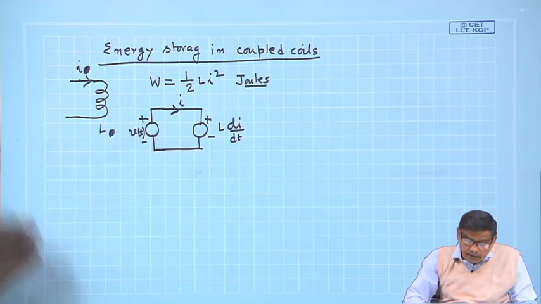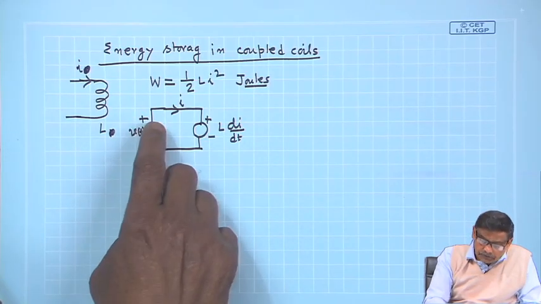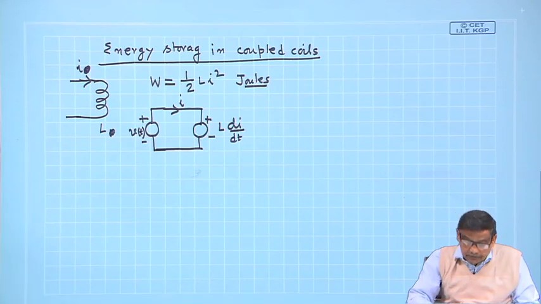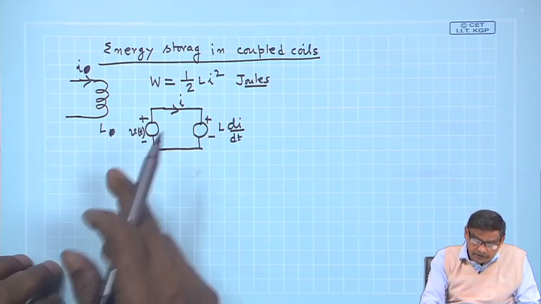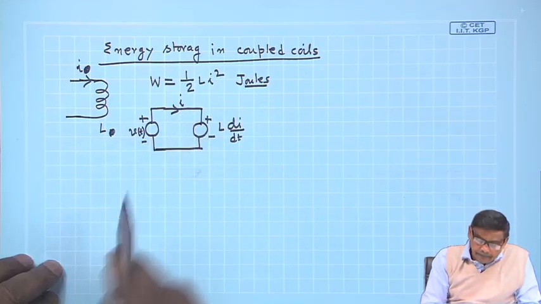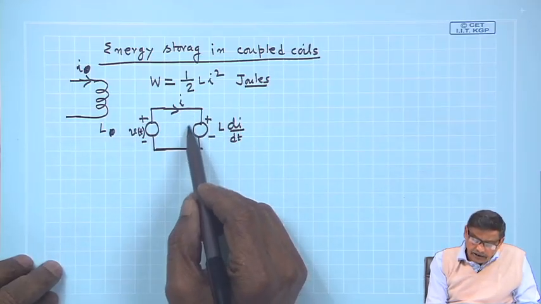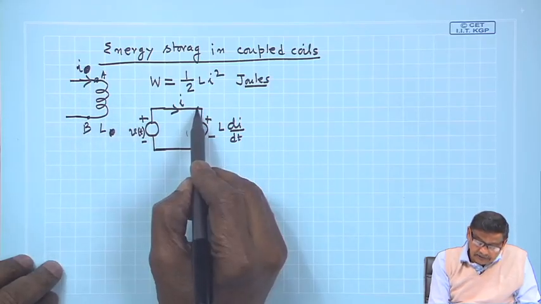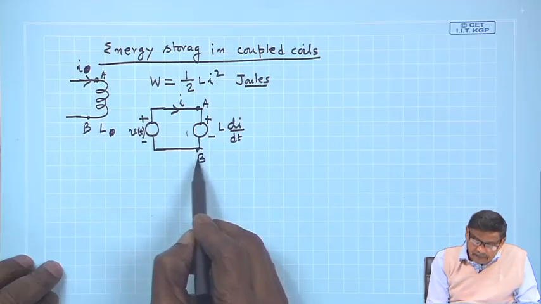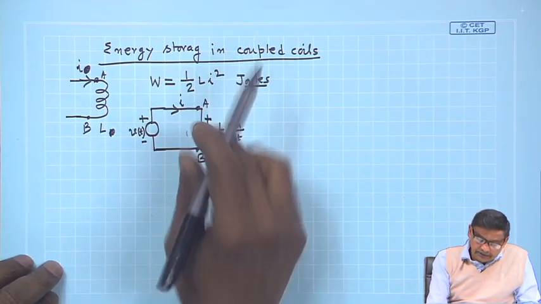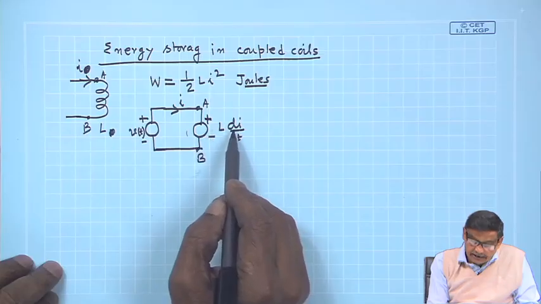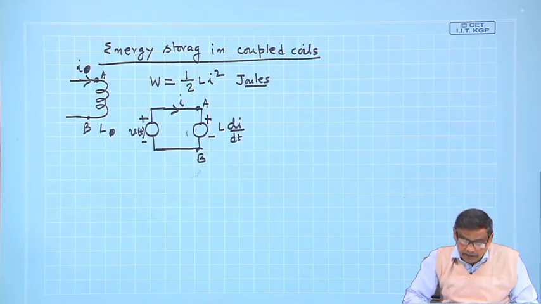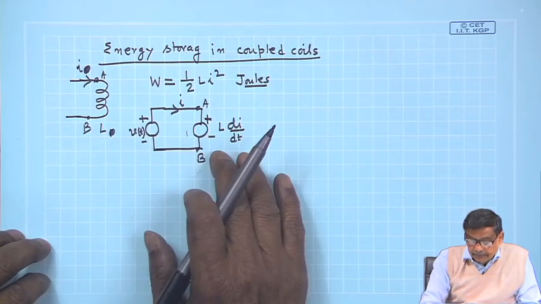With respect to the source, current is leaving the positive terminal, so power is supplied by the source, and the instantaneous power supplied is V into I. Similarly, for this inductor whose terminals are A and B, the polarity of the voltage across it is plus here, minus there, L dI/dt, and current enters through the positive terminal, which means it is absorbing power. So the source is delivering and the inductor is absorbing.